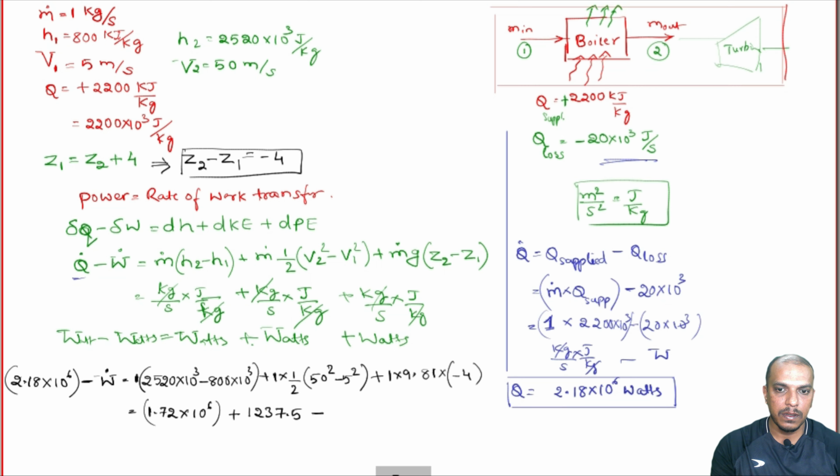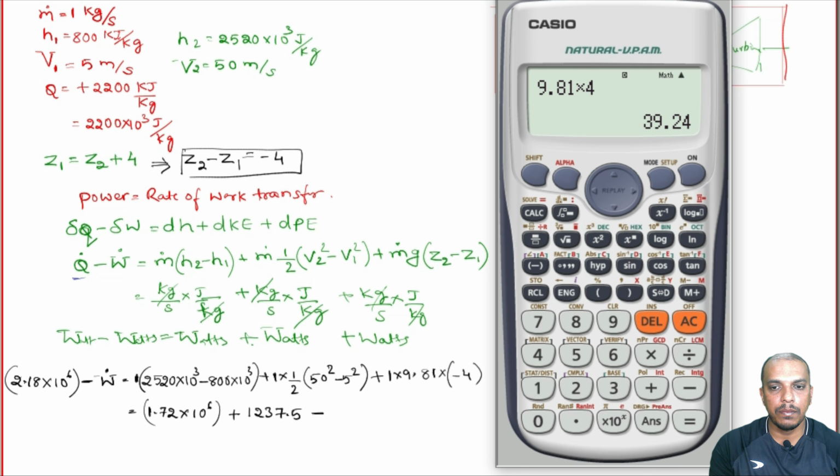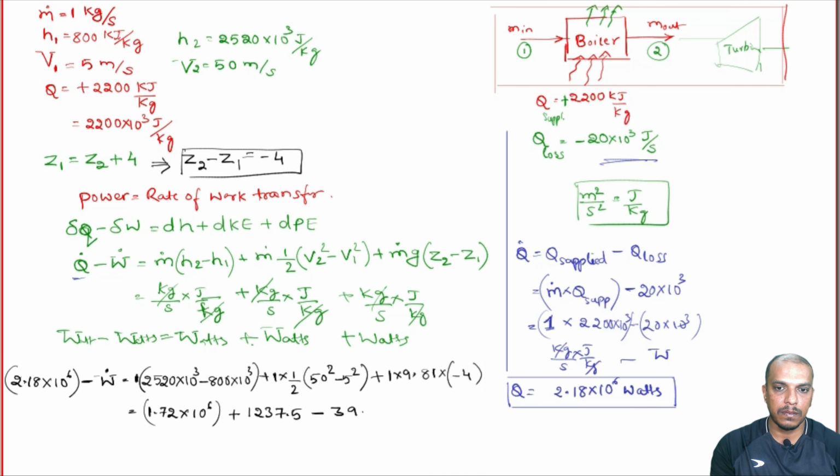So, I will just put negative here 9.81 into 4. So, 9.81 into 4. 1 will always be there. So, that will give us 39.24. And here on the other side, you have 2.18 into 10 power 6 watts minus W. Now, this would give us the rate of work transfer or what we call it as power. Now, let us solve this equation.